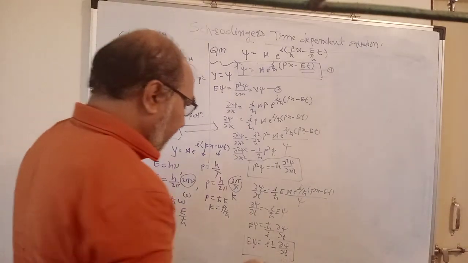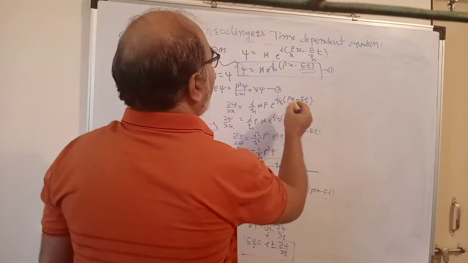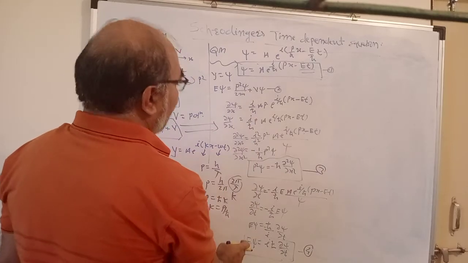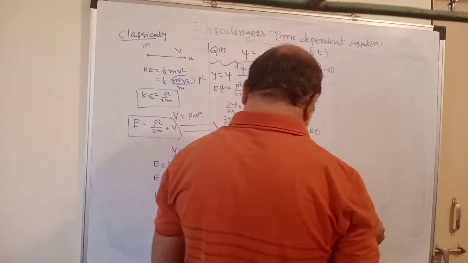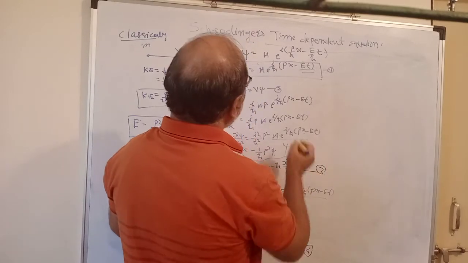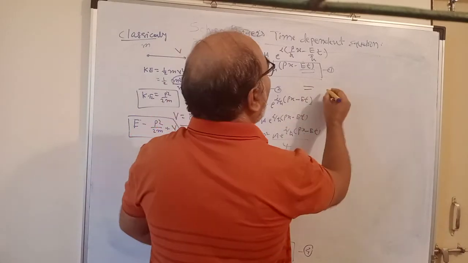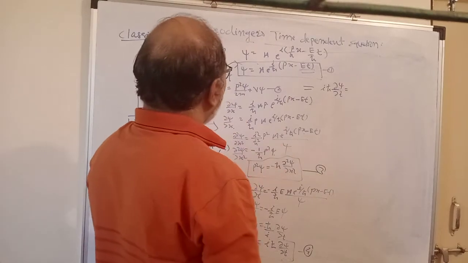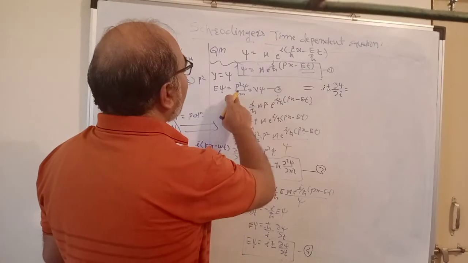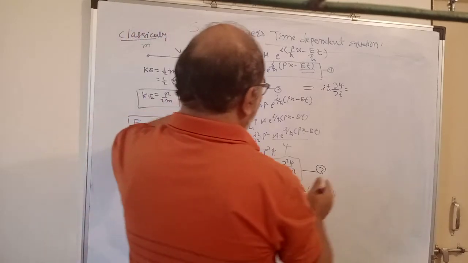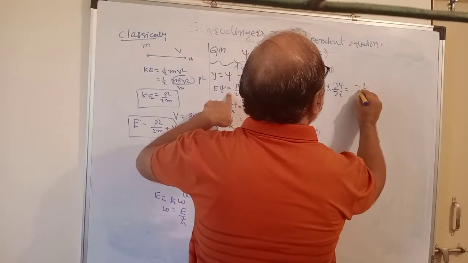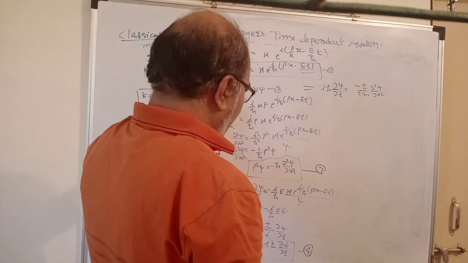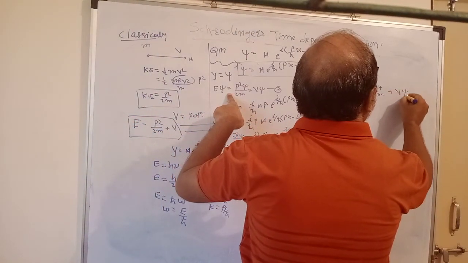Now put this value of p²ψ, where it is equation 2, this is 3, say this is 4, and Eψ is here, and therefore we have the equation Eψ: iħ ∂ψ/∂t is equal to p²ψ plus Vψ, and p²ψ is minus ħ² divided by 2m ∂²ψ/∂x².